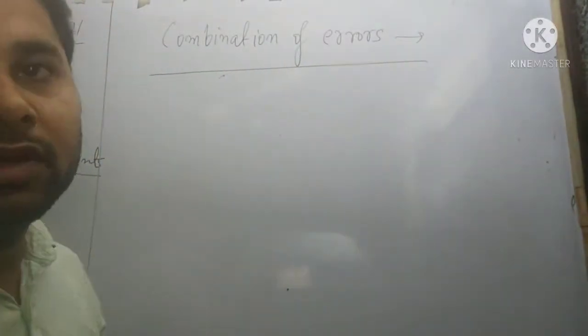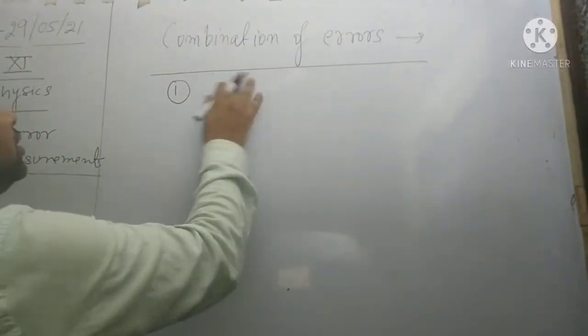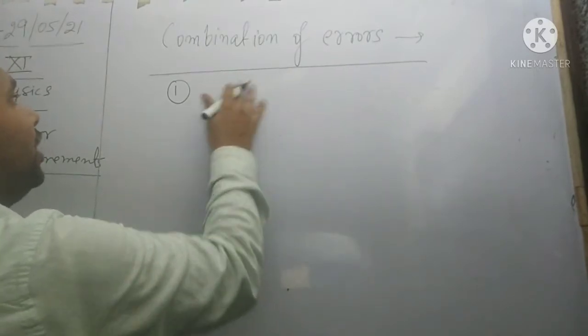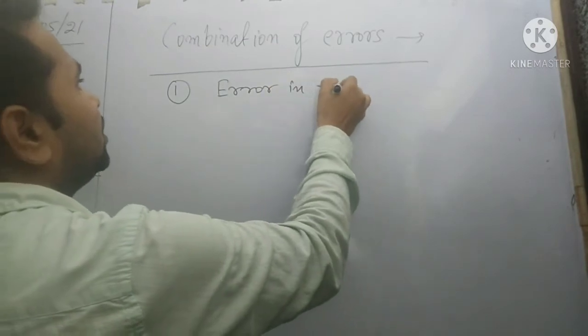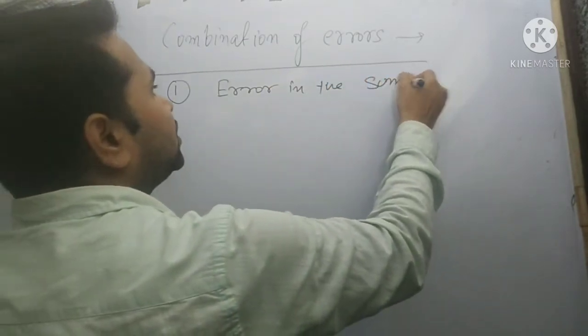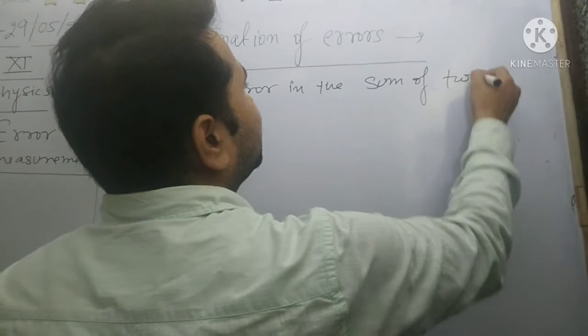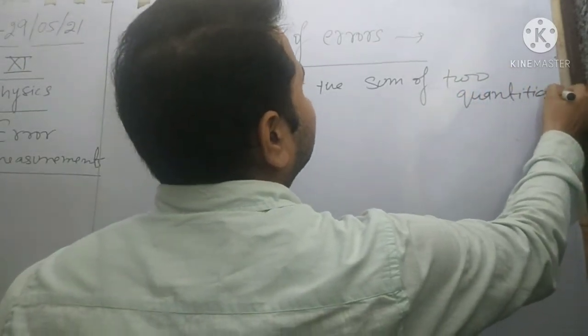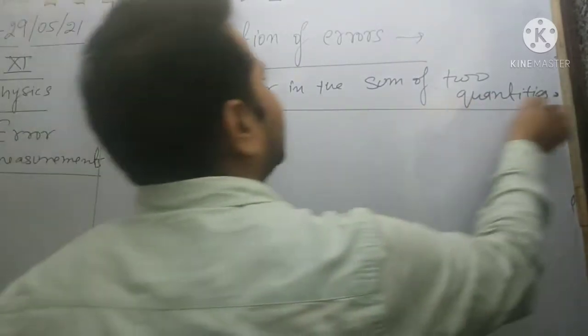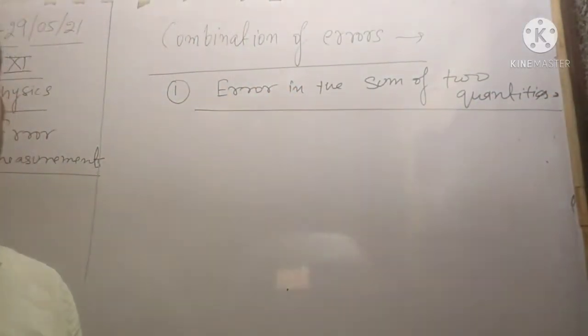Let's see one by one. The first is sum of, या कह दो error in the sum. Error in the sum of two quantities.